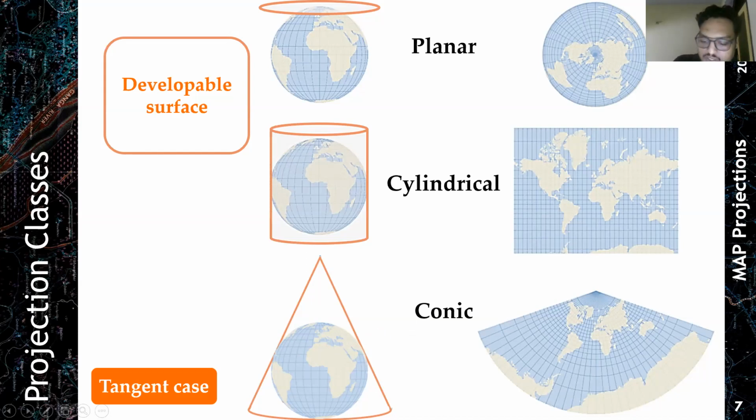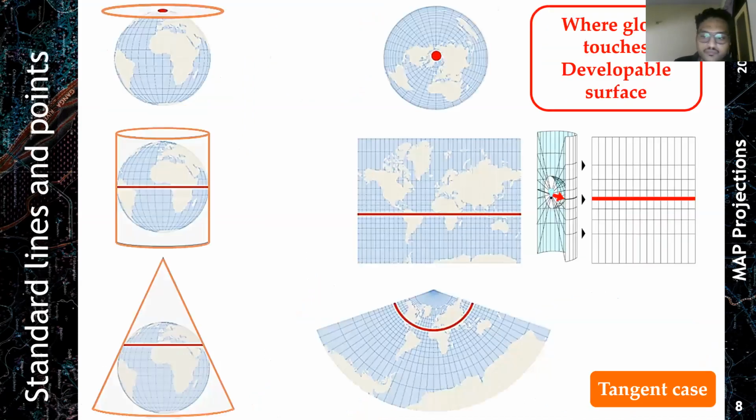So what is the importance of this intersection or this tangent? Basically, this gives us the idea of the standard lines and the standard points. The point or the line where the developable surface touches the reference globe is defined as the standard line and the standard point.